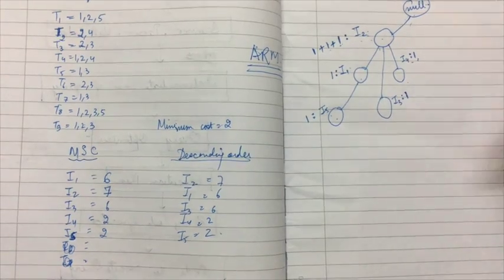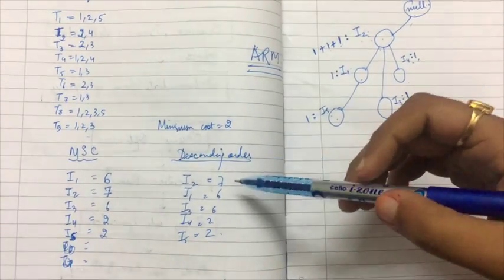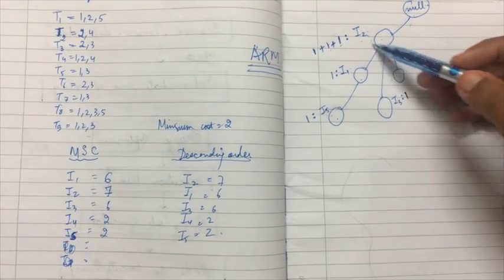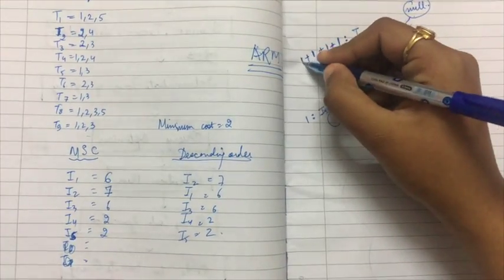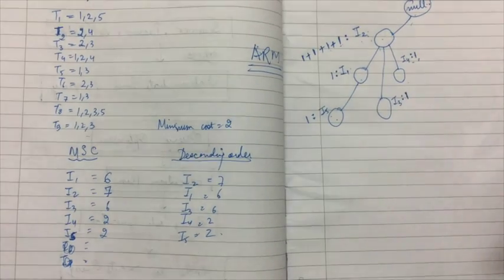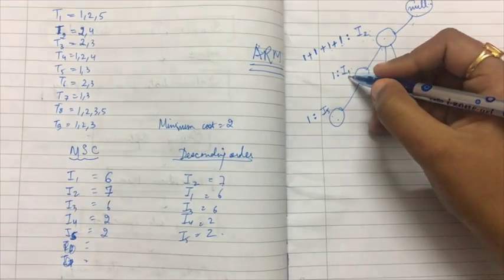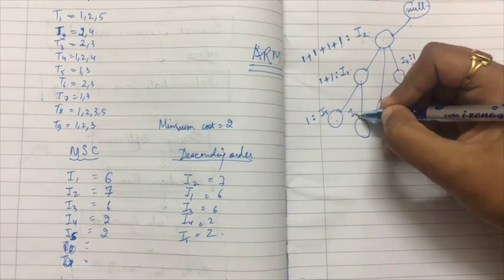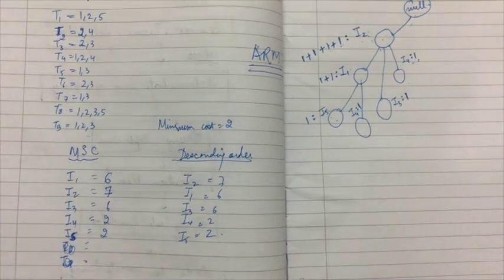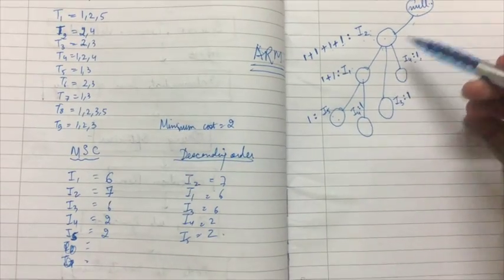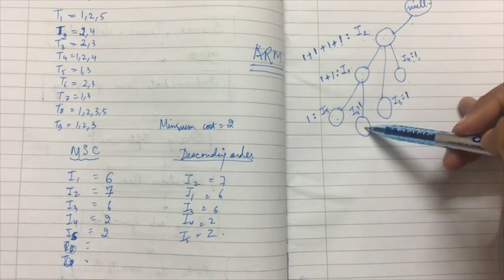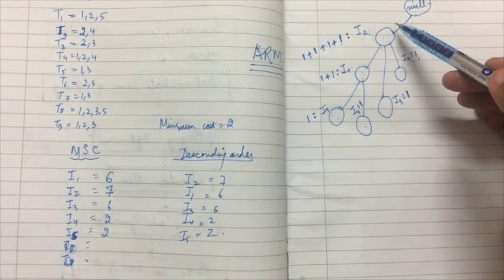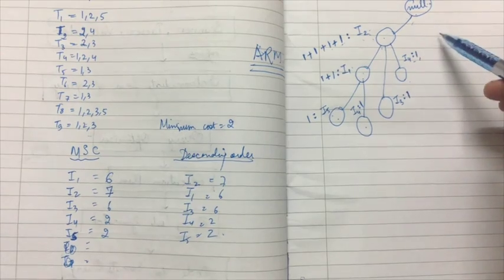When transaction 4 took place, 1, 2 and 4, I have to take 2, 1 and 4 in this order. So item 2 once more. Then I will take item 1 and then item 4 once. Then why this path? Because 2, 1 and 4. It's not necessary that I always take a new node for a new transaction.